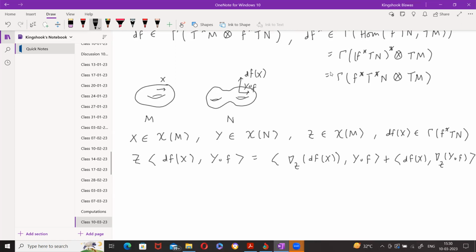Now I can use the property that we just proved. This nabla Z applied to Df of X is of the form beta composed with s, right?